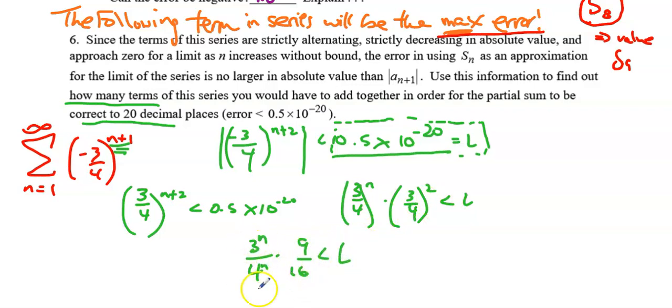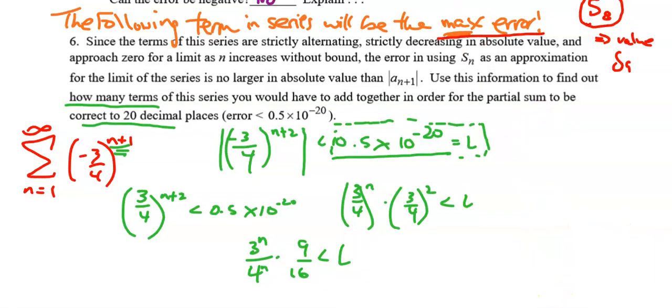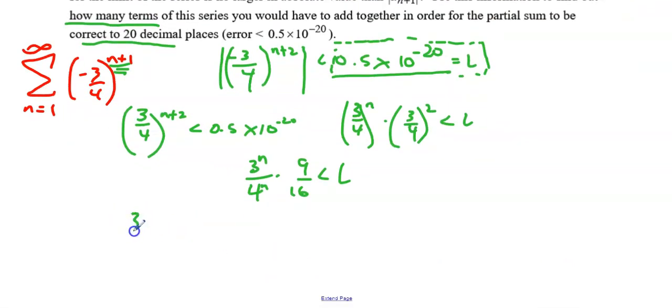And so in order for me to get this by itself, I can actually then rewrite this by multiplying L, right? So 3/4 to the n is less than L times 16/9.